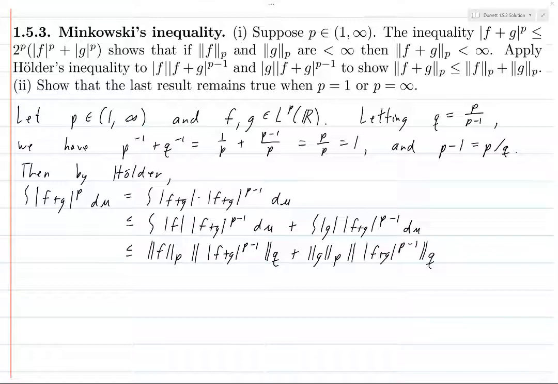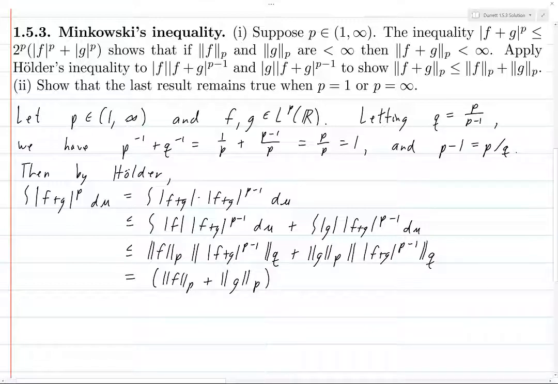Okay, so we have this, and then we can factor out the norm of f plus the norm of g. So this is going to be equal to the p norm of f plus the p norm of g times the q norm of |f plus g|^(p minus 1). So how can we rewrite this?